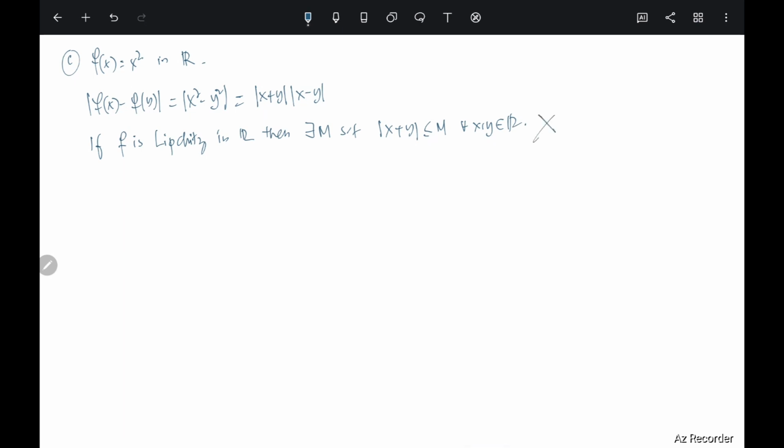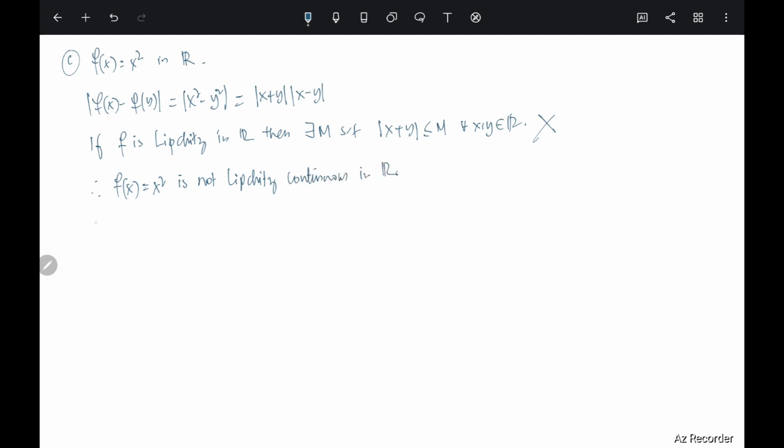Hence, f of x equals x square is not Lipschitz continuous in R.